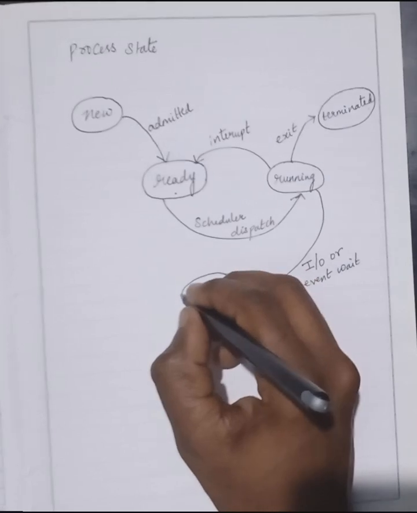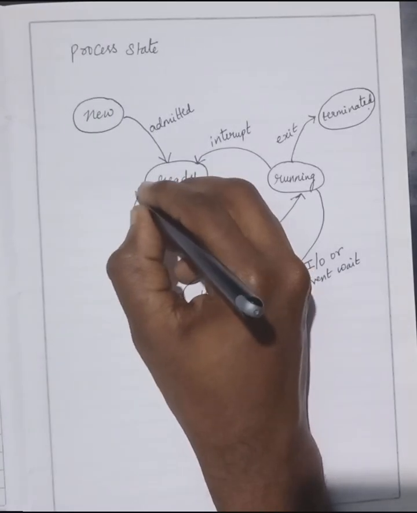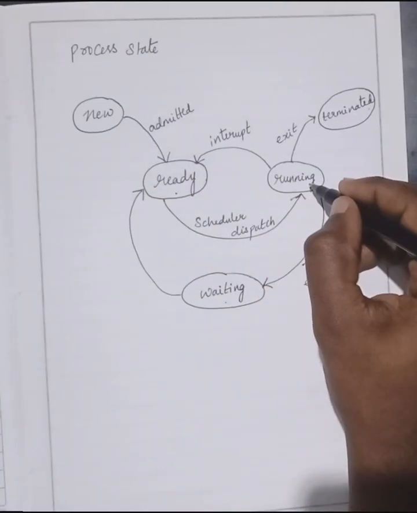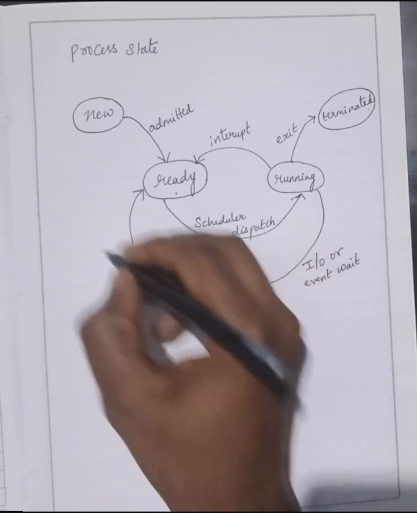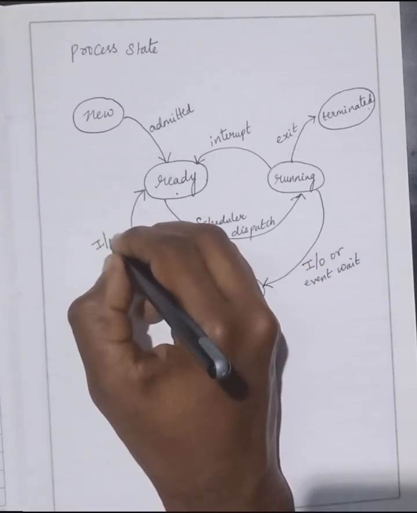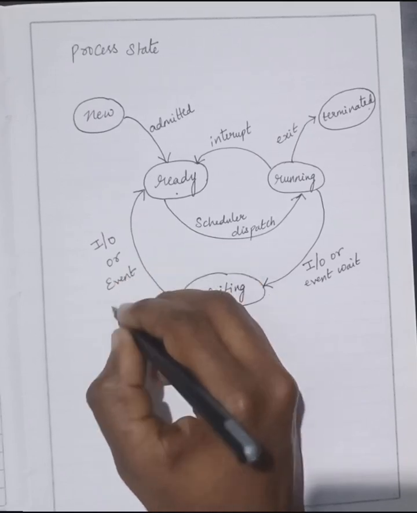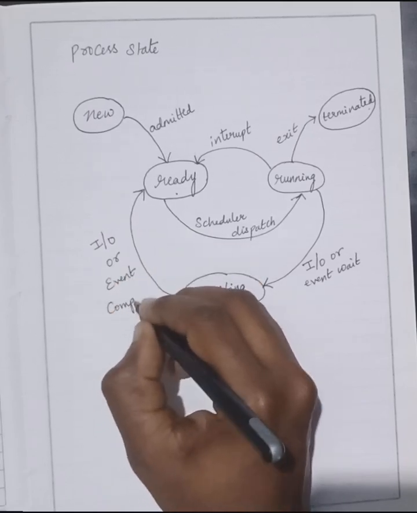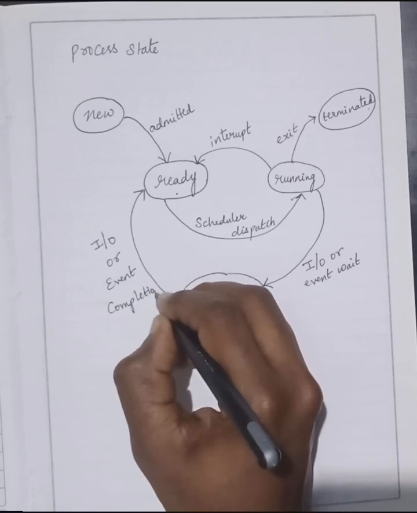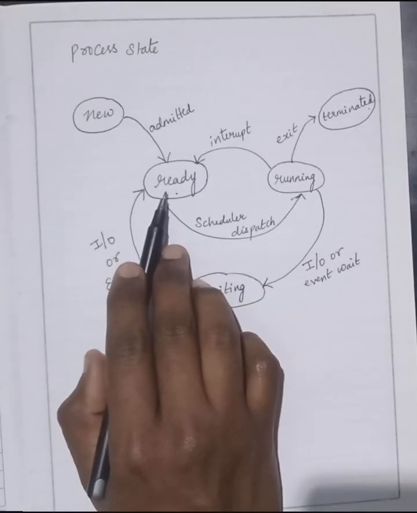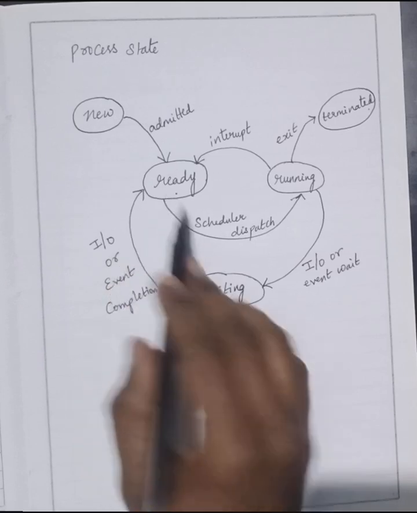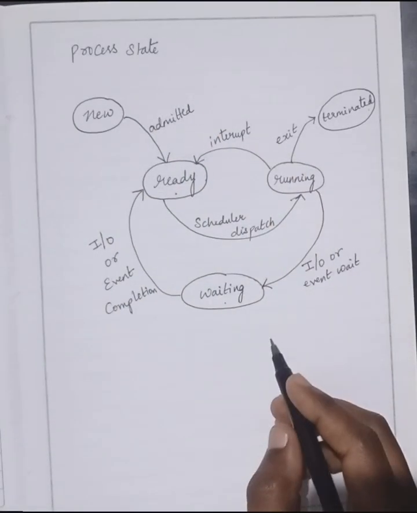Again it goes back to the ready state, because some other process will be running in the running state. So when the input output or whatever event we were waiting for is completed, it goes back to the ready state. So this is called the diagram of the process states.